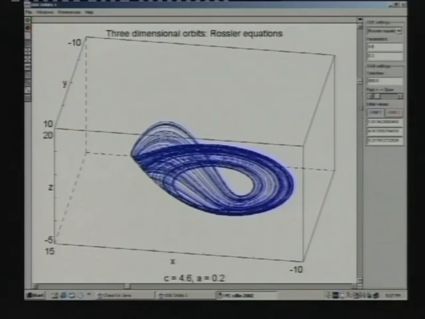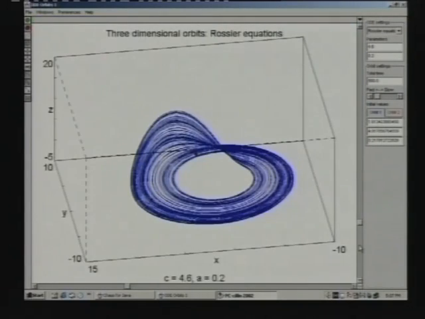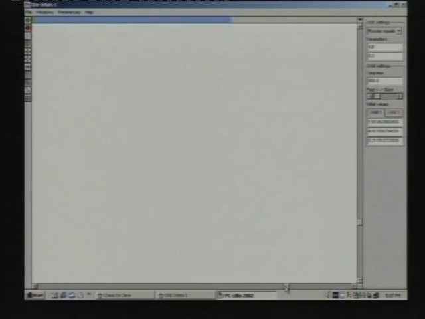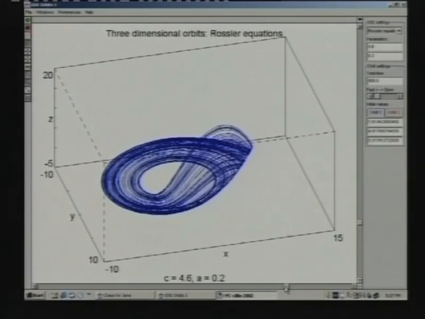You might see it from various angles to make it clearer. Okay. Fine. So, you have the structure more or less clear now. Is it clear?